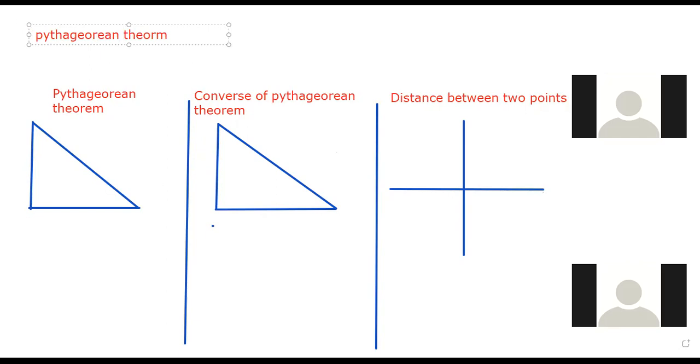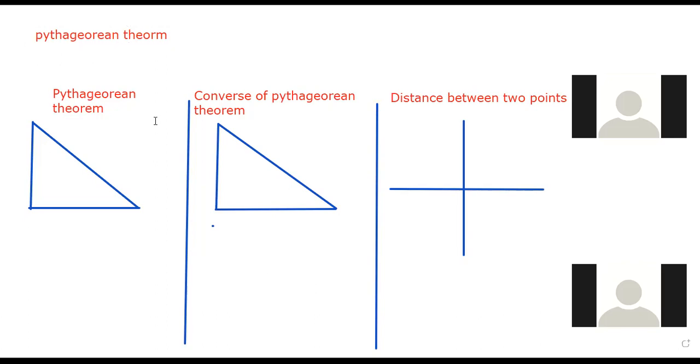Anyone can tell me what the Pythagorean theorem is talking about? Pythagorean theorem talking about what, grade 8? A square plus b square equals c square. Yes, b square plus a square equals c square.